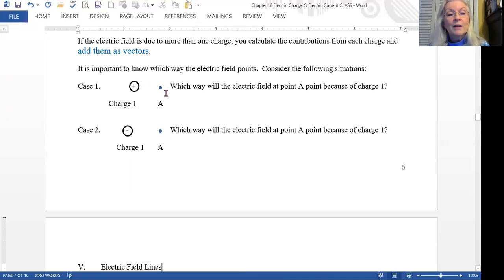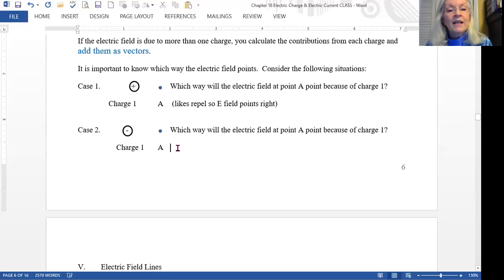Like charges repel, and so the electric field points to the right. Our free positive test charge at point A would move away from charge 1.